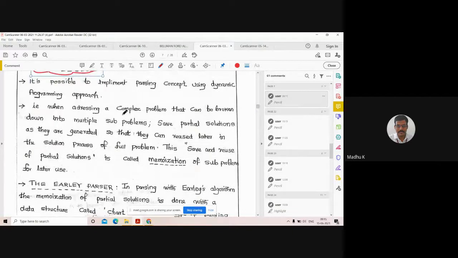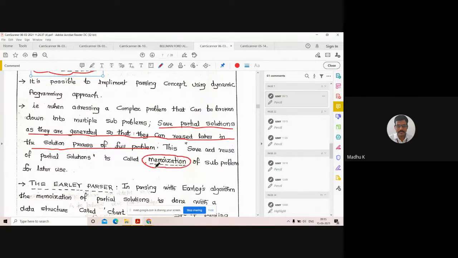When addressing a complex problem that can be broken down into multiple subproblems, save partial solutions as they are generated so that they can be reused later in the solution process of the full problem. This saving and reuse of partial solutions is called memoization.